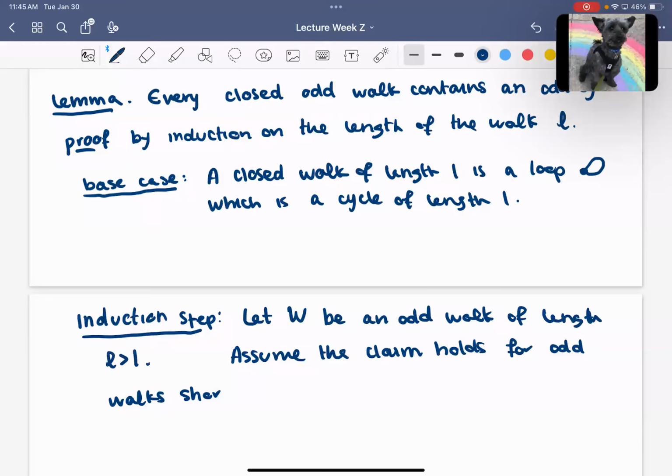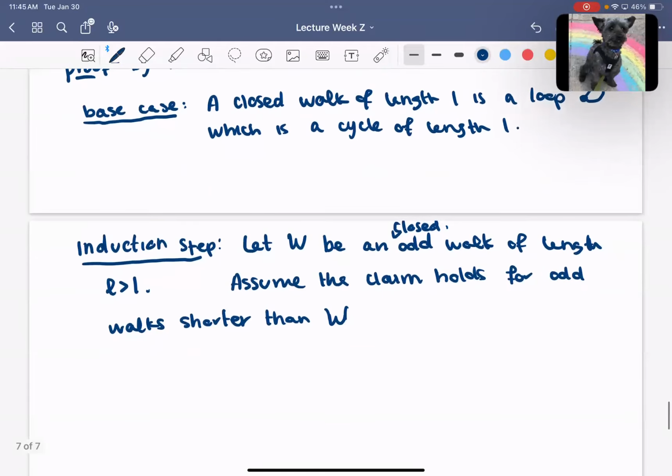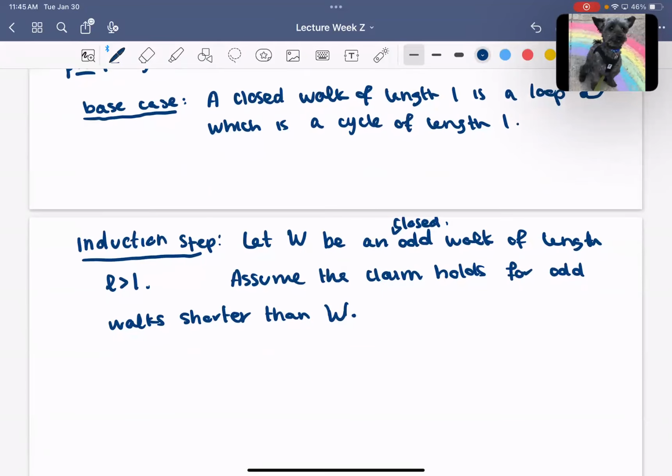And we'll assume that the claim holds for odd walks shorter than W. We also want it to be closed.